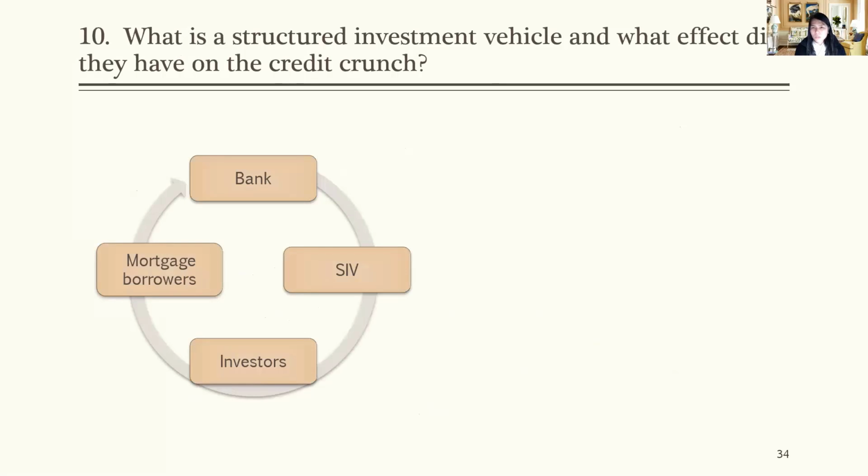Question 10 is something that we talked about briefly before. What is a structured investment vehicle and what effect did they have on the credit crunch, right? To illustrate what a structured investment vehicle is like, let's look at this graph over here. Here I've got a bank and a mortgage borrower, right?